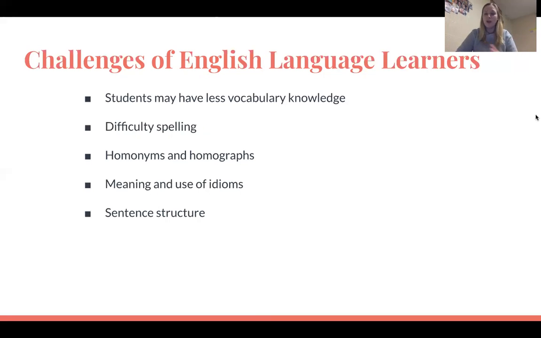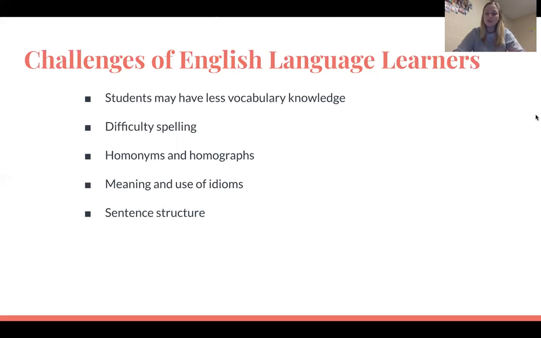So there's a little bit of vocabulary knowledge that they might be missing. Difficulty spelling, because the sentence structure or the word structure, how we pronounce things, are different than in their language. And then homonyms and homographs, meaning and use of idioms, they don't always understand them if they don't have the same ones in their first language.